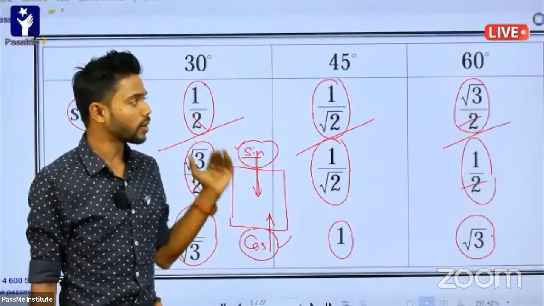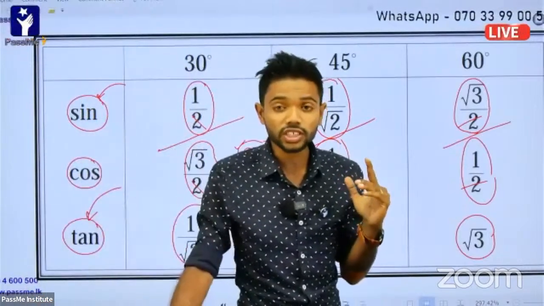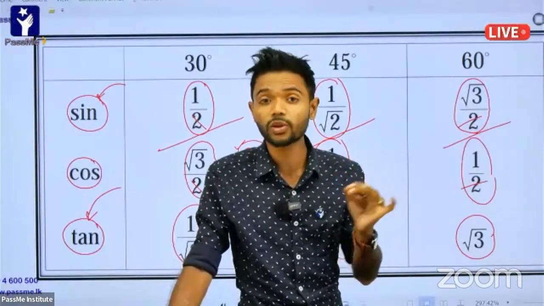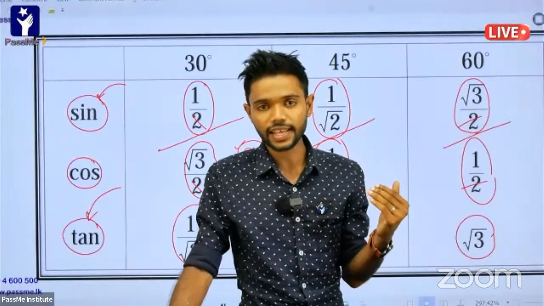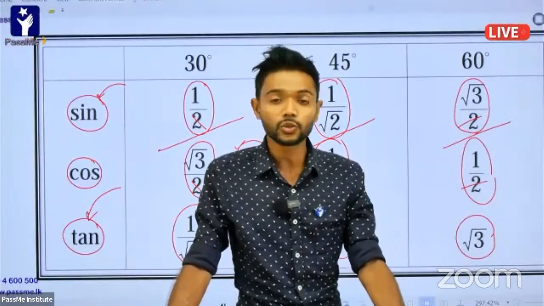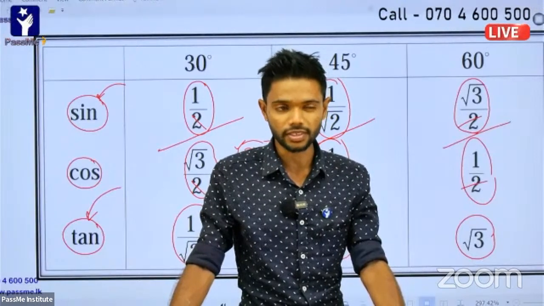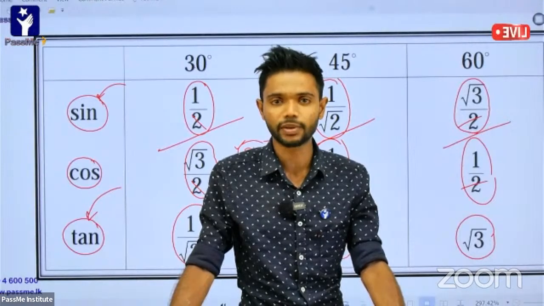You have to remember that in the first paper, you are not allowed to use the sine, cos or tan table. At the exam, they will provide you a book, I mean a mathematical table book, right?